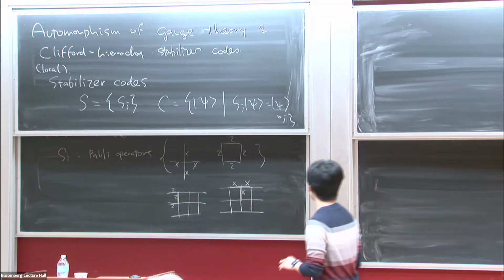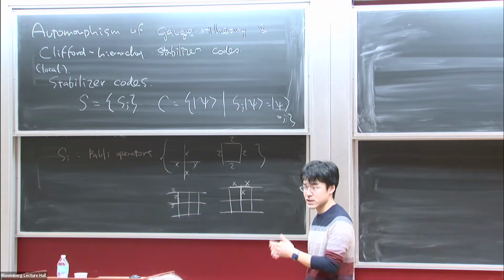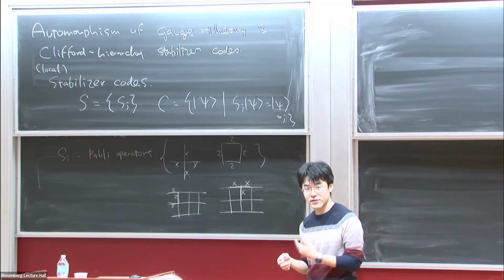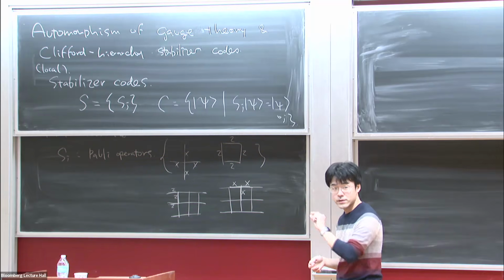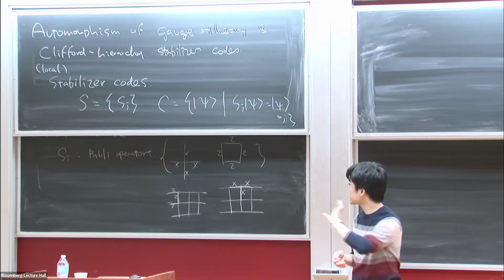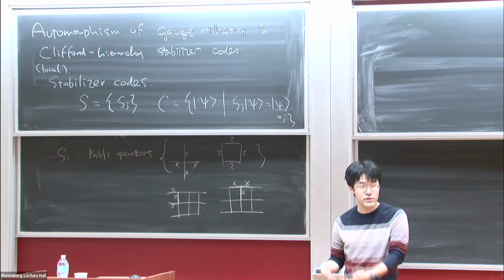For a given stabilizer code, we typically want to do quantum computation on the stabilizer code. In order to do the quantum computation, we need some unitary operation which acts on these code spaces.